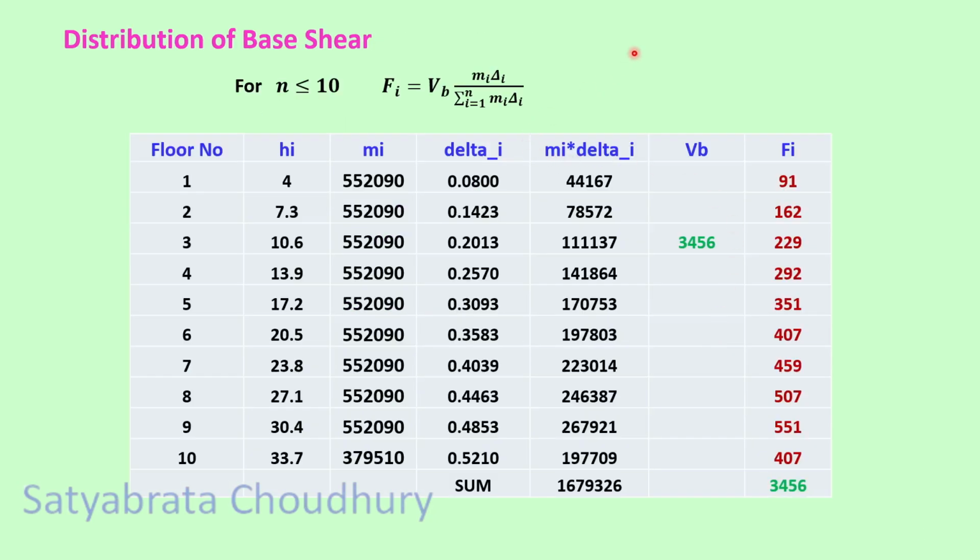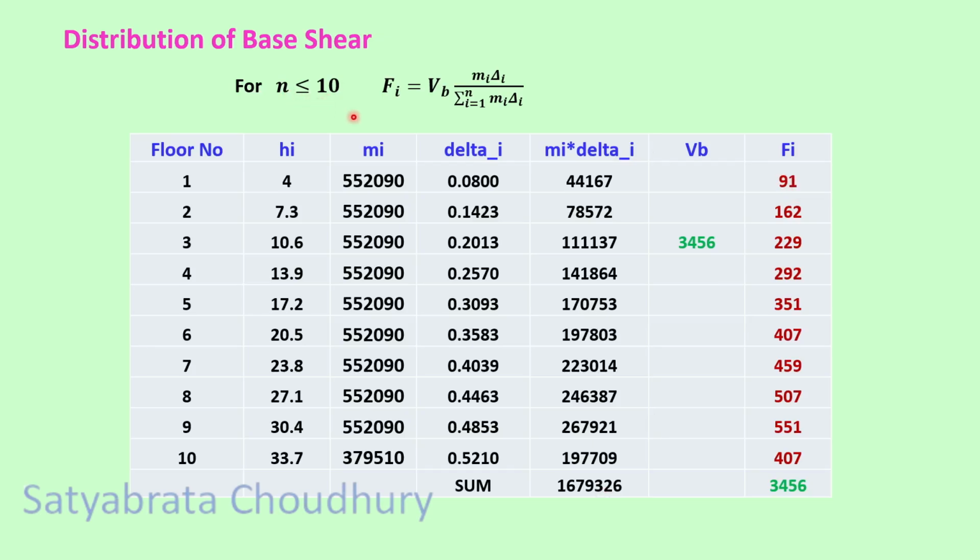Now we distribute this base shear over the floors. Distribution is very simple. You take up these columns Hi, Mi and delta i. From the previous table you can just copy paste and find out this value Mi delta i and find out the sum here. So any force is given by this formula.